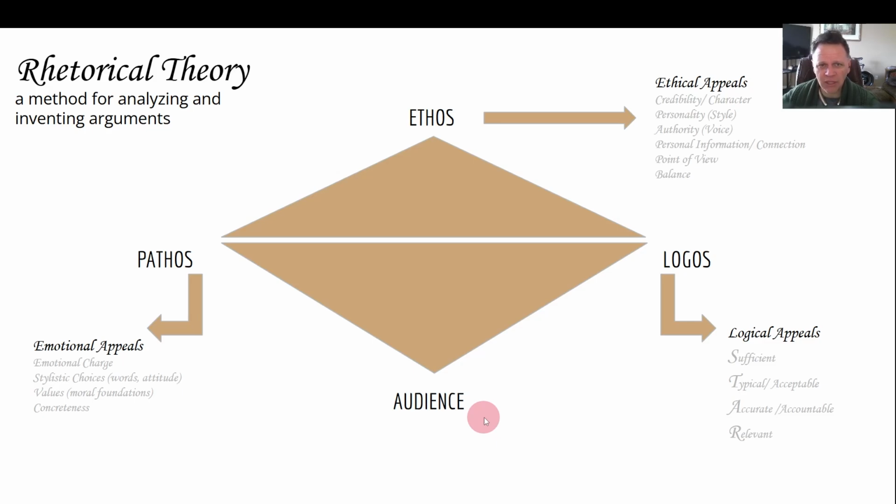You still have to engage as an audience member in critical thinking as well, because you don't want to be hoodwinked. You don't want somebody to BS you. You don't want to get swept up in nonsense or in lies or in fallacies. Right? So as an audience member, you still need to engage in critical thinking.